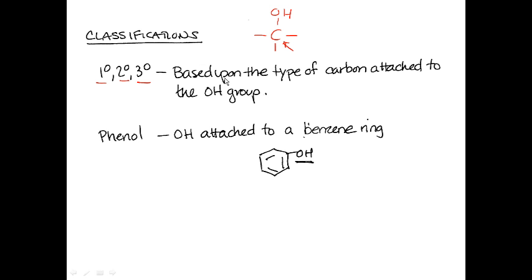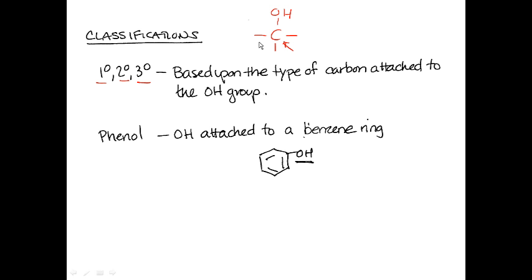And this is going to be important because depending upon the type of carbon attached to an OH, we saw last semester that if we protonate the OH and make it an oxonium ion, whether this is primary, secondary, or tertiary is going to make a big difference in whether the water molecule can leave to form a carbocation. So we've already seen those reactions, but now we'll just make the classification formal.